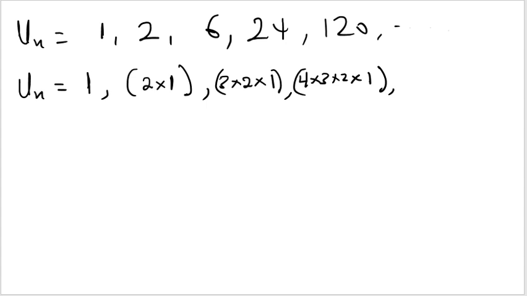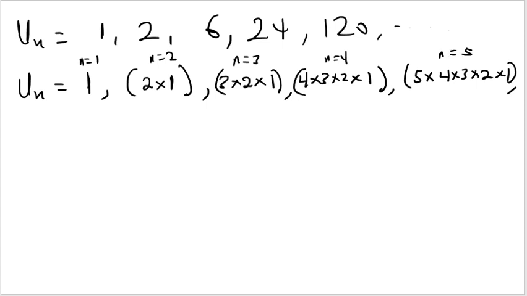The last one can be written as 5 times 4 times 3 times 2 times 1. So if n is 1, we have 1. If n is 2, we have 2 times 1. If n is 3, we have 3 times 2 times 1, and so on up to n equal to 5.